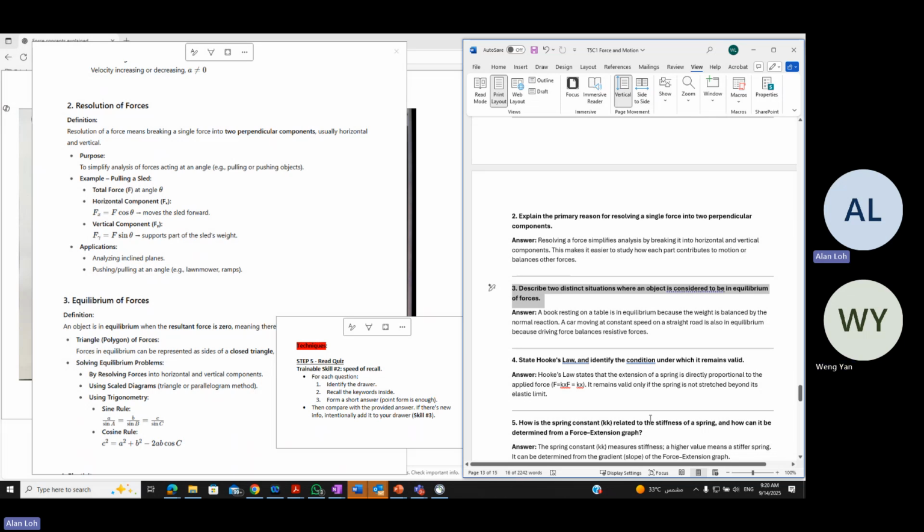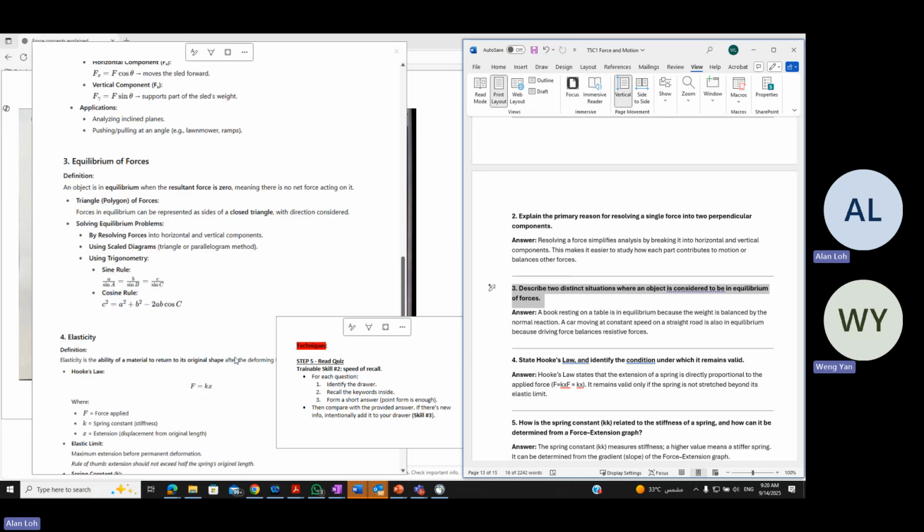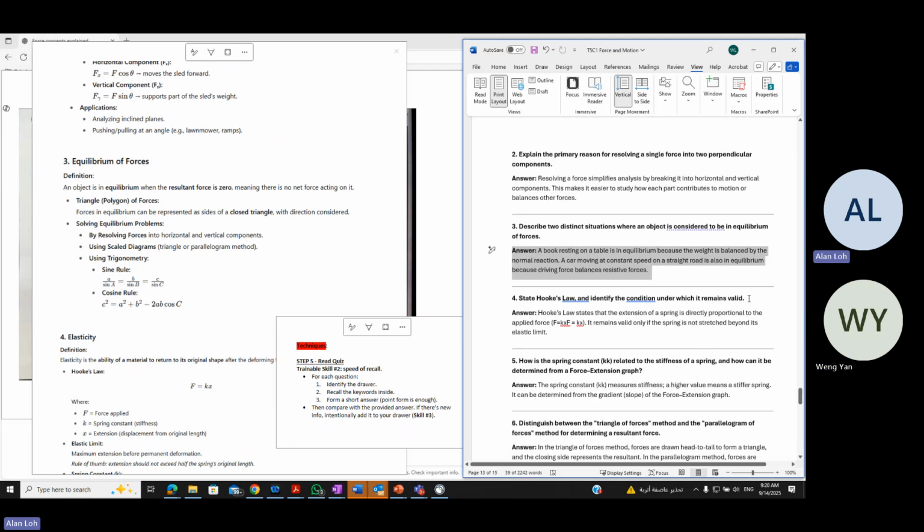Equivalent process. Third one, about resting. All right. Okay, let's do number 4.